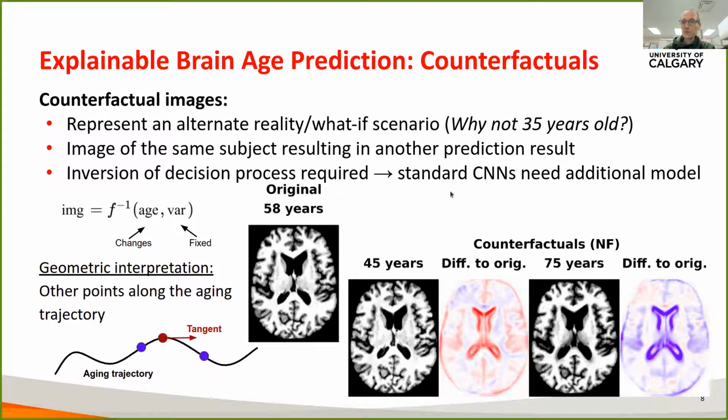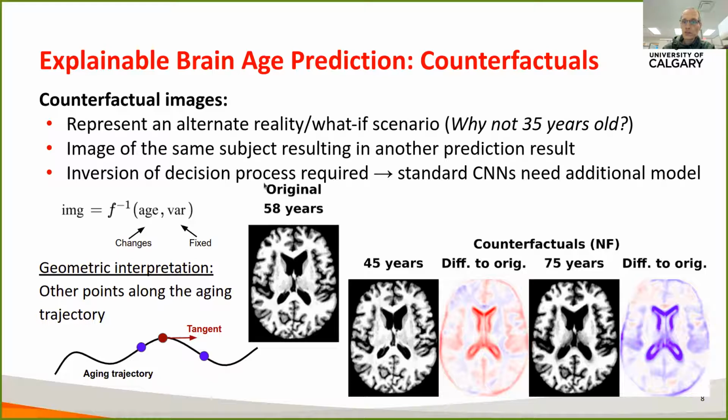This is not possible with standard CNNs because there we don't have the inverse direction available, but in our model we can do it because we have the inverse function available, and we can change the age variable while fixing the intersubject variability, which encodes the age-unrelated morphology of the patient, and then we can just simulate different age values here. And this again has a geometric interpretation because those images are just other points along the subject-specific aging trajectory, and then we can visualize them.